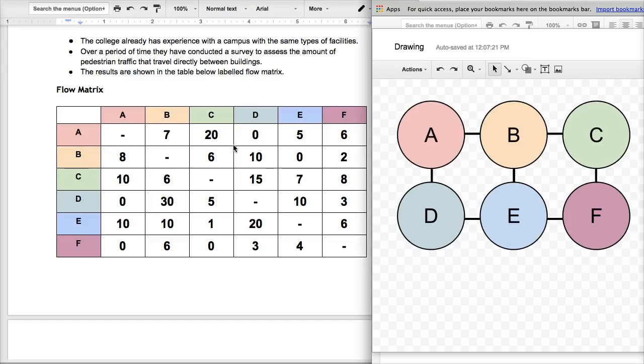For instance, between buildings C and D, the amount of people who are traveling between those 2 buildings from C to D direction is 5. And I can see that here in the flow matrix. But traveling in the other direction, going from D to the building C, that is 15 people, and I can see this here in the flow matrix again.